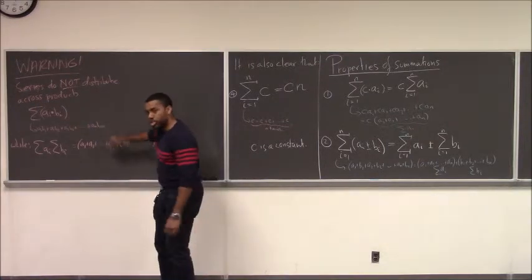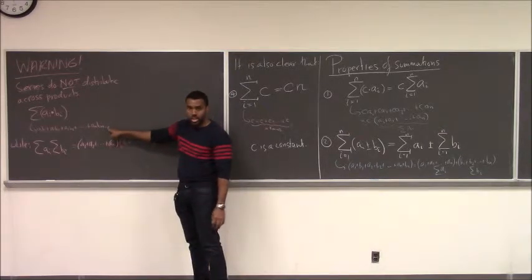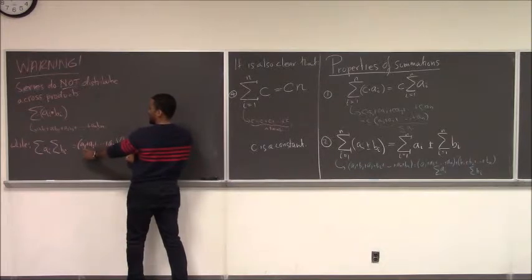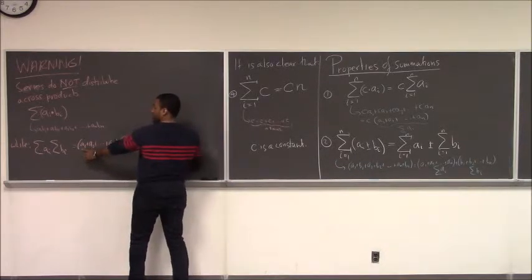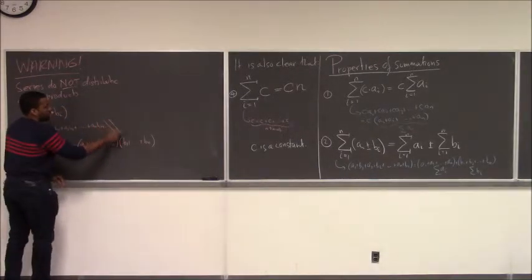Then you'd have to actually apply the distributive law, and you will get a lot more terms than you get here. You won't just have a1 times b1 and call it a day. You'd have a1 times b2, b3, b4, which do not appear here.